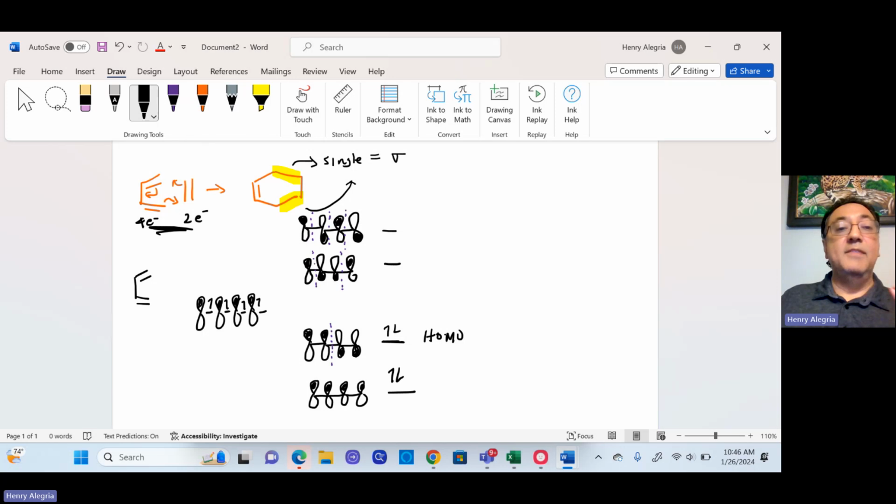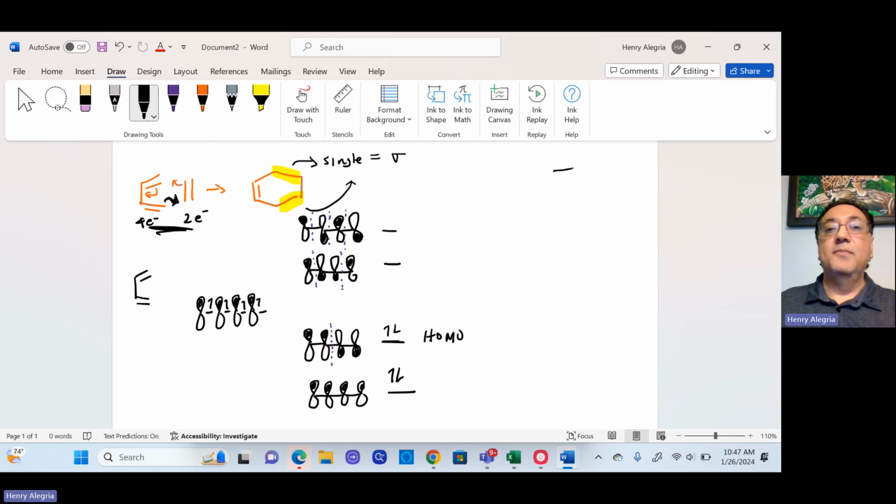Now, if the diene is the one that starts off the reaction by pushing electrons in that direction, clearly it must push electrons from the HOMO orbital. That's the highest occupied molecular orbital. So those are the electrons that are the furthest away from the pulling influence of the nucleus. So they're the ones that will most readily be pushed towards your dienophile.